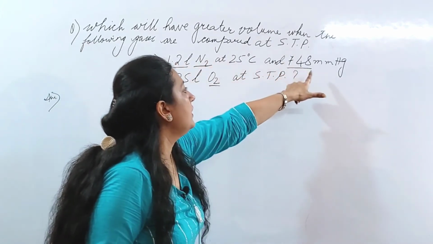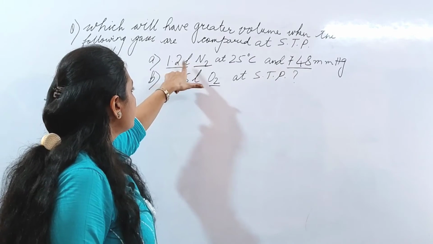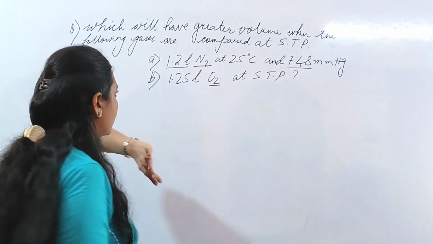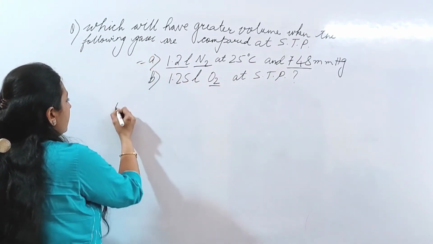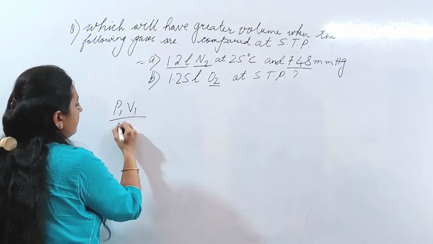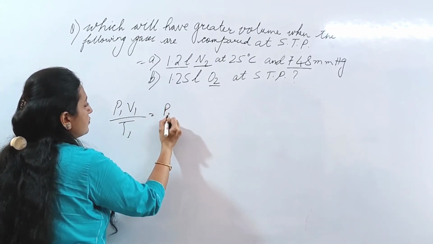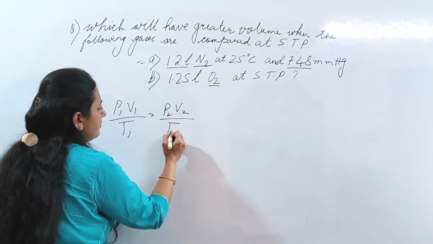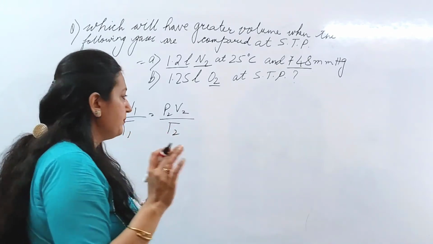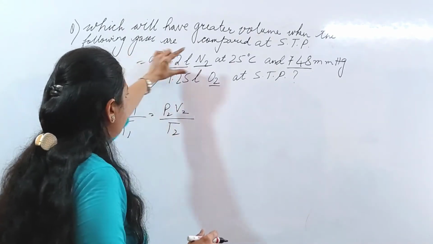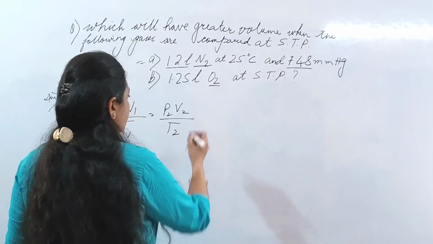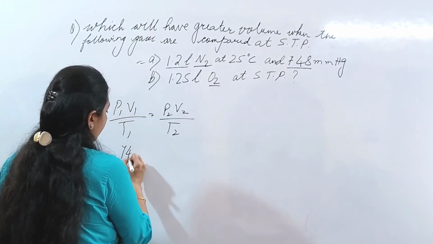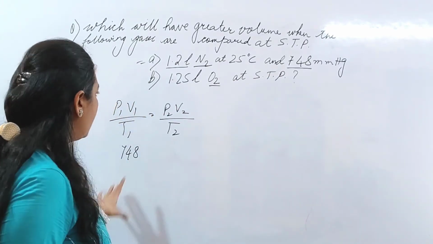Since all the three variables are given, relationship between all the three, so we'll solve it with the gas law. So for this, P1 V1 by T1 is equal to P2 V2 by T2. Simply you have to just put the values. Now P1 here is 748 mmHg. So we'll write 748 mmHg here.